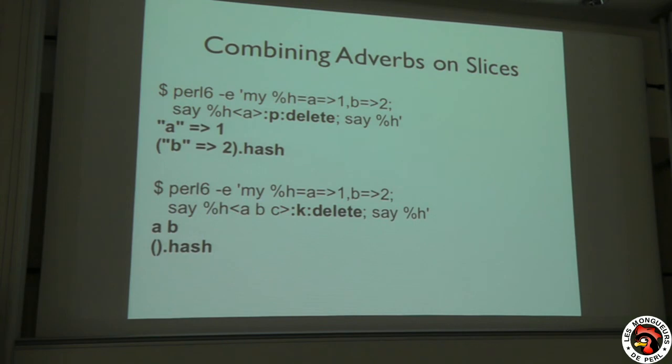So this gives you what you actually deleted. Right? Notice though that not all combinations are valid. A and B are not deleted. Sorry? A and B are not deleted. Yes. They are deleted. The hash is empty. Yeah. But C was not in there, so it is not returned.